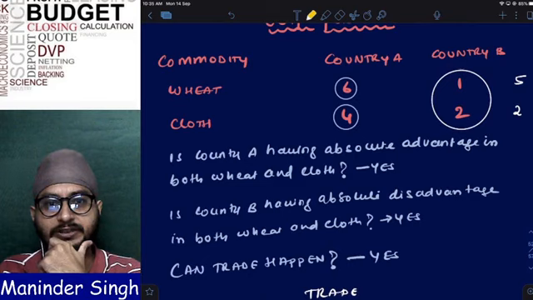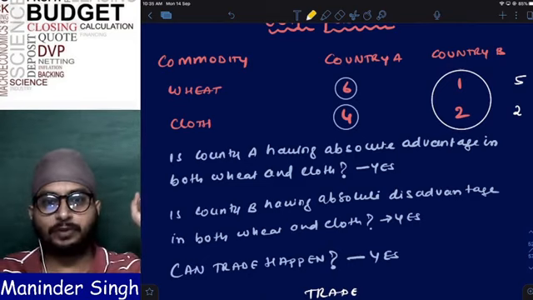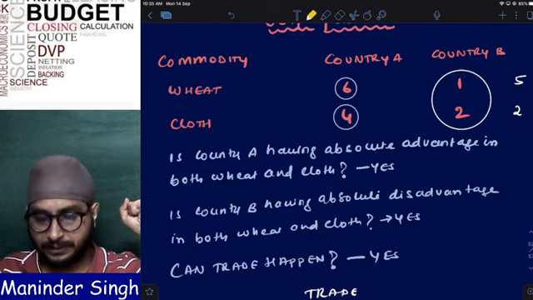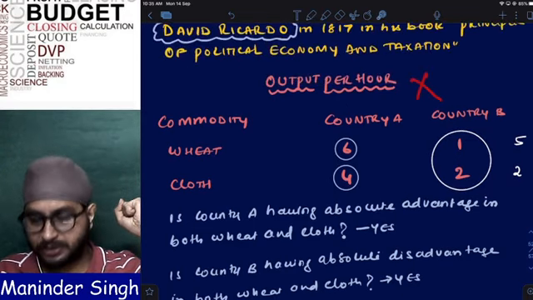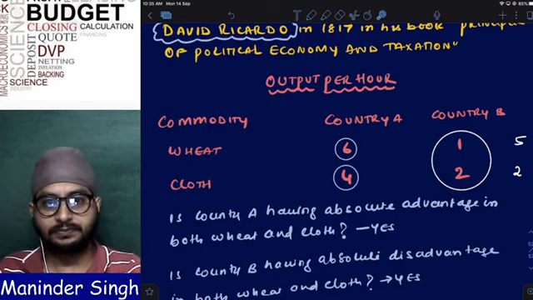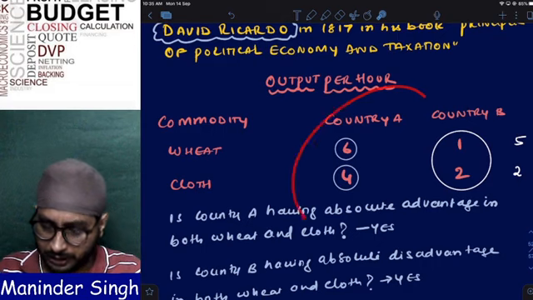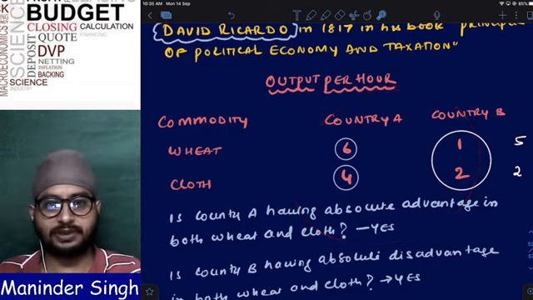Then what is the difference? In mercantilist theory, I am extracting and removing what? Your precious metals. Here, do I take your precious metals? No, I'll take cash from you, right? And there is no import or minimum import. Here, import is also there, export is also there.